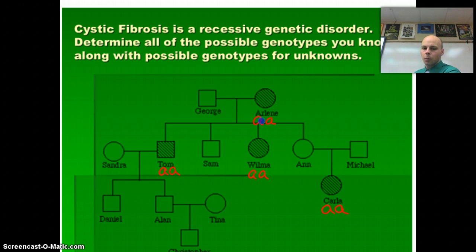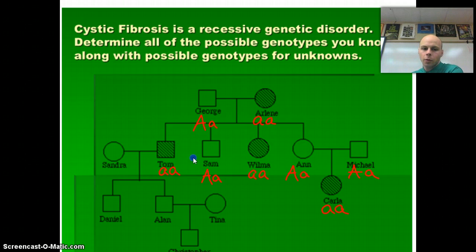And so the next couple I'll put up will be the heterozygous individuals. Okay, we know all of those for sure because they are producing offspring that have the disorder.